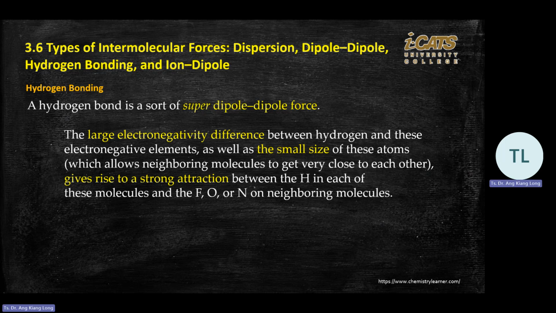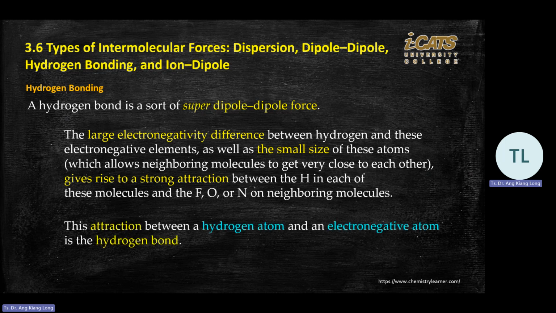Okay, the rest you read. Basically, in summary, you see the H, see the F, see the O, see the N. Then it will explain it is a super dipole-dipole force. This one you read.